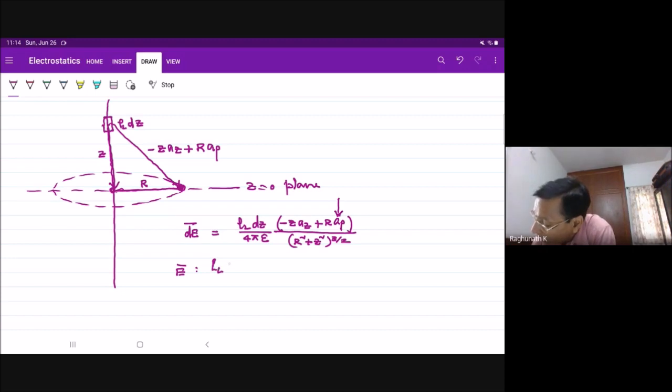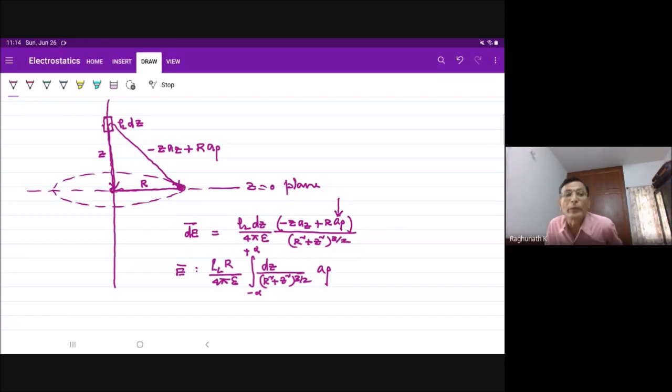Rho l r by 4 pi epsilon, integral minus infinity to plus infinity dz by (r square plus z square) whole power 3 by 2, a r. The a z component will not be there, we know. There will be no vertical component.